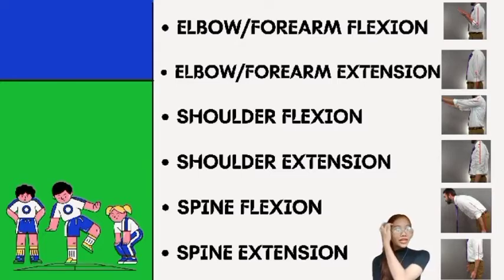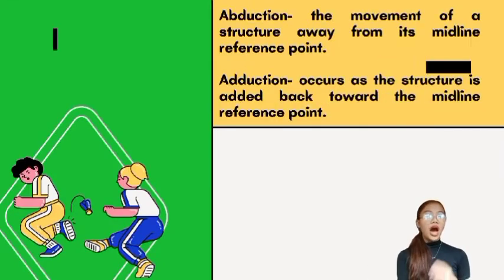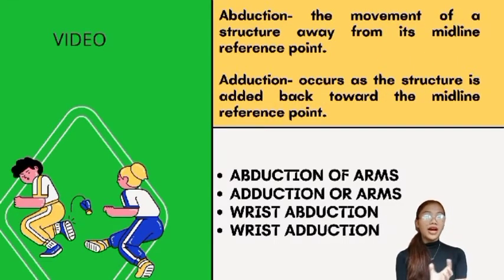Spine can continue to extend beyond the anatomical position. Then, let's proceed to abduction and adduction. So, anong pinagkaibahan ng abduction and adduction? Abduction is the movement of a structure away from its midline reference point, while adduction occurs as the structure is added back toward the midline reference point.